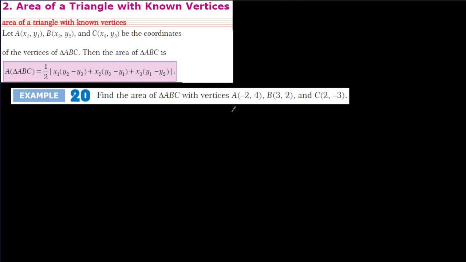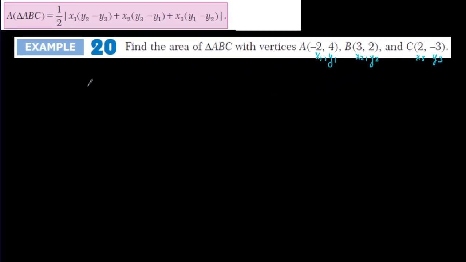So firstly, to find the area, I have to write the values of the x's and y's. This is x1, this is y1, this is x2, this is y2, and this is x3, and this is y3.